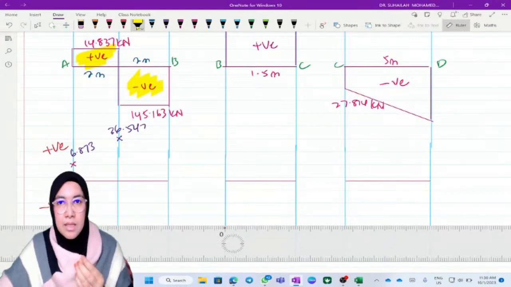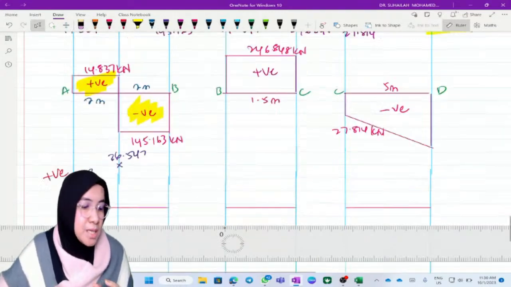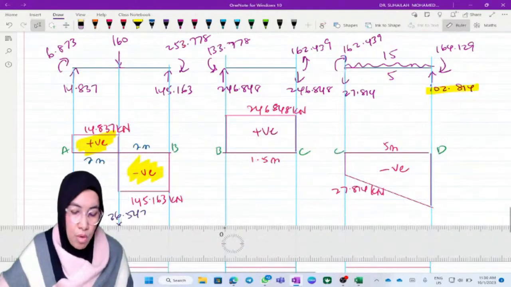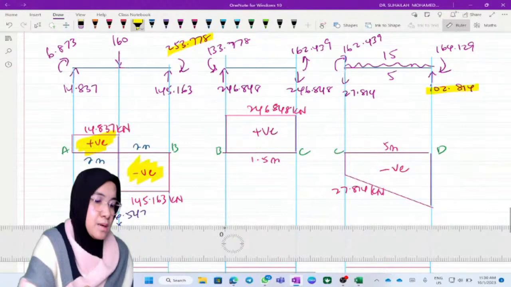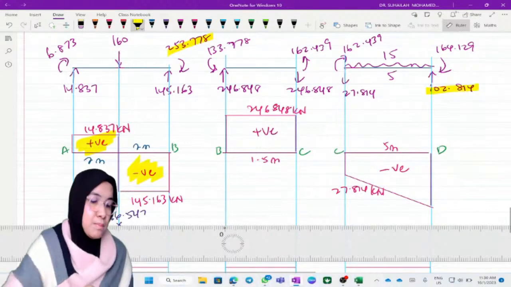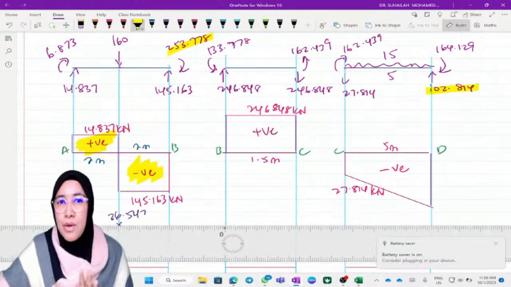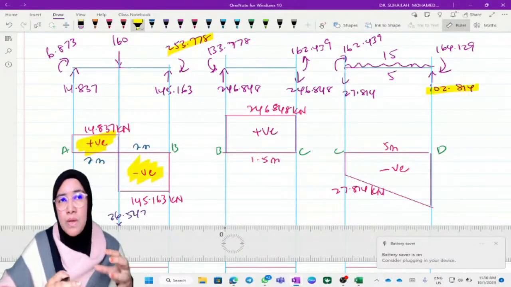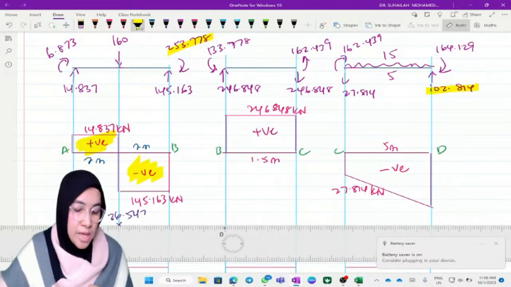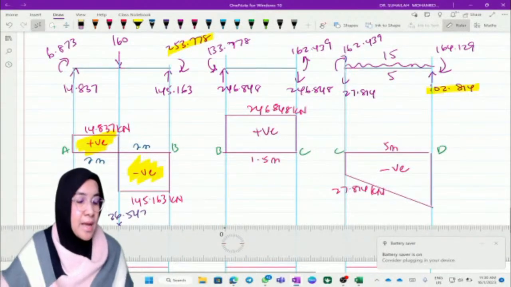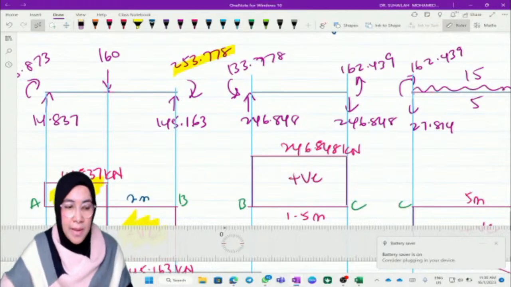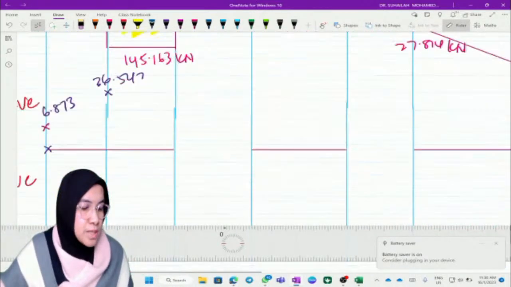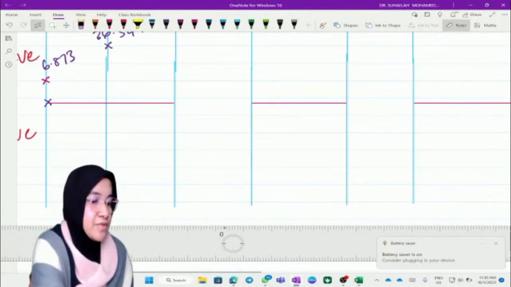The answer should be the same as the moment here but in opposite sign. We cannot get the same sign because we want to close the loop. We have to plus these two. We get negative 253 and the moment in the diagram is positive, which means it is correct.